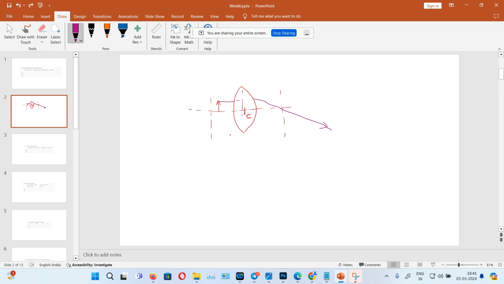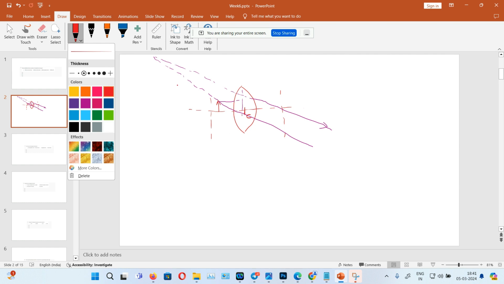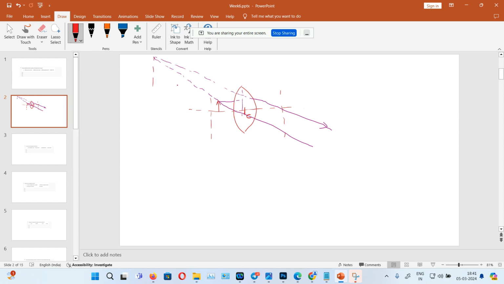So what is the effect? You will feel that light is coming from very far away, at the point of intersection. We will feel that there is a big object there. That is the image, and this arrangement is called a simple microscope.